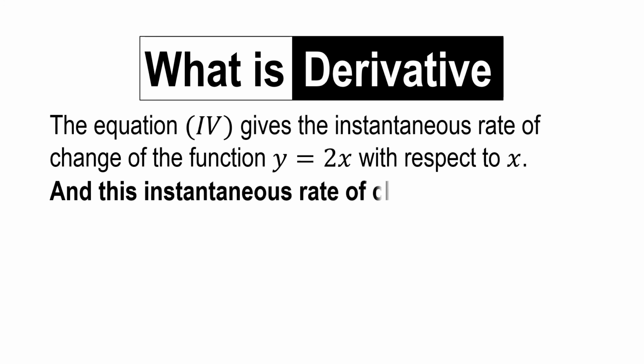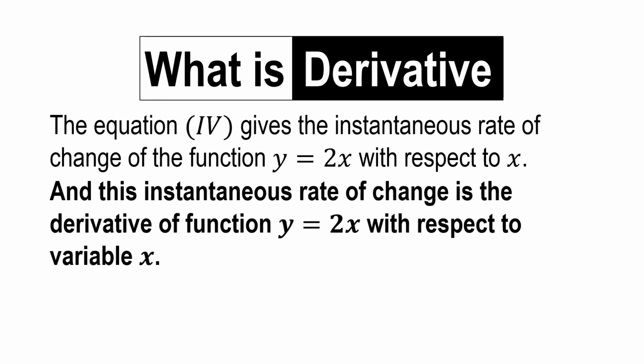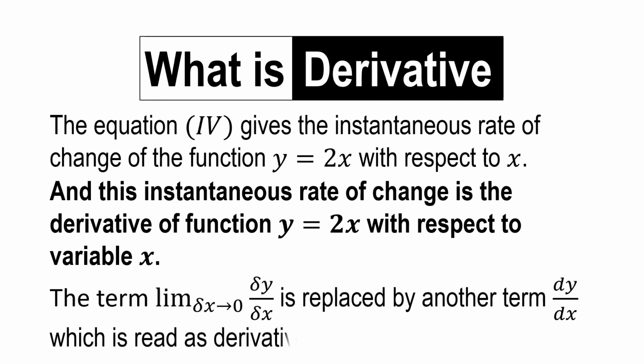The equation 4 gives the instantaneous rate of change of the function y is equal to 2x with respect to x. And this instantaneous rate of change is the derivative of function y is equal to 2x with respect to variable x.